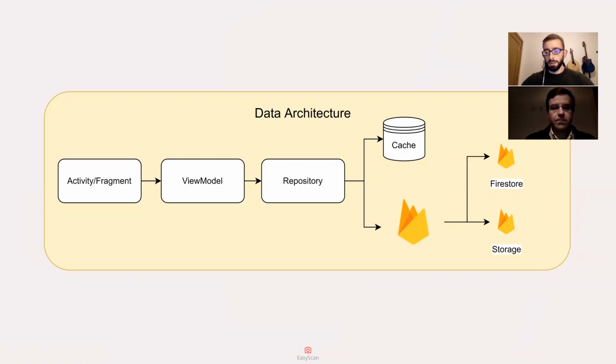To save the documents, more specifically the images that we captured in the application, we use Firebase Storage, and to save all the information besides that image, we use Firestore.